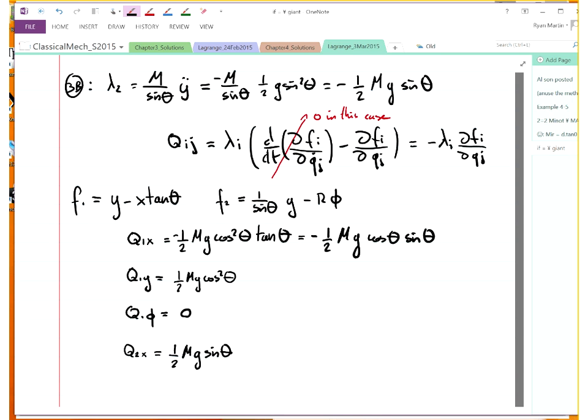If I look at F2, there are apparently no x's. What am I thinking of in these notes? So Q2x should also be 0.